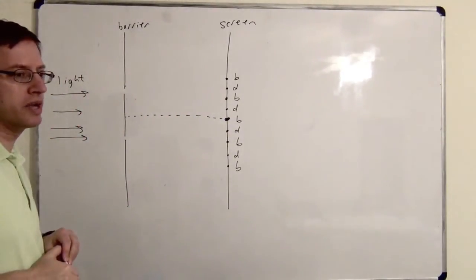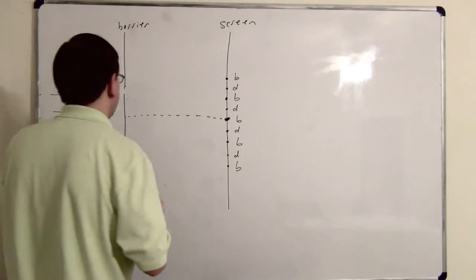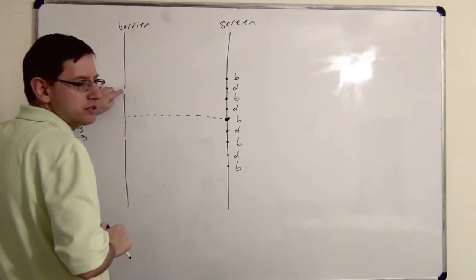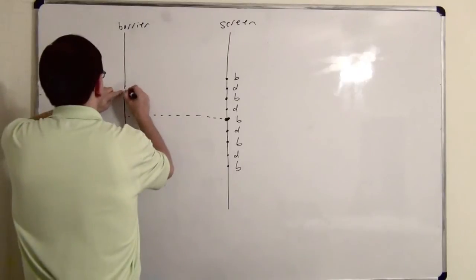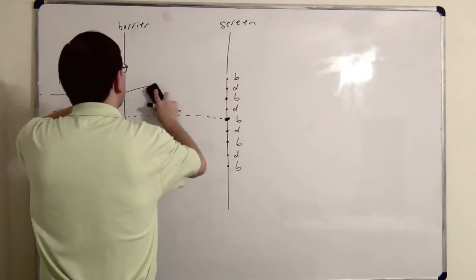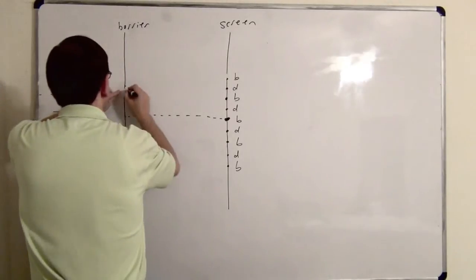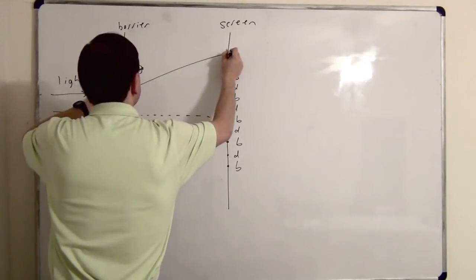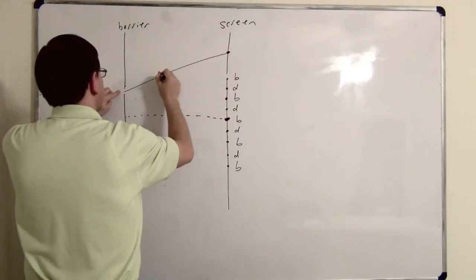Why are we getting that? Well, think about the light that goes through here. Let's say we look at the light that hits this point.